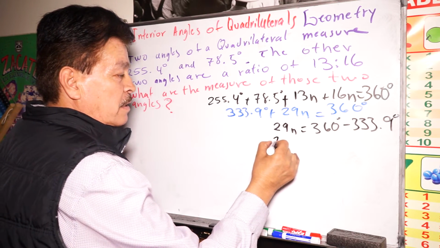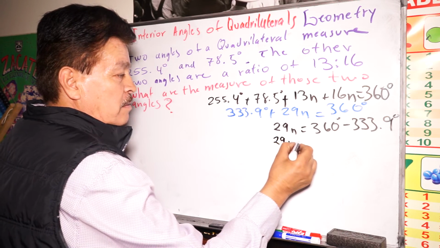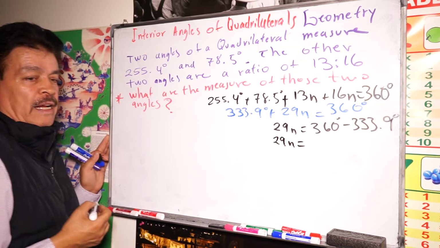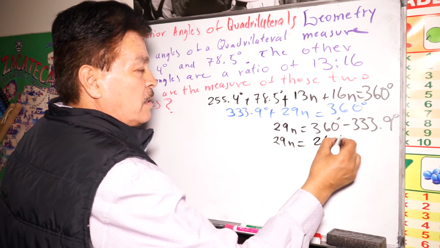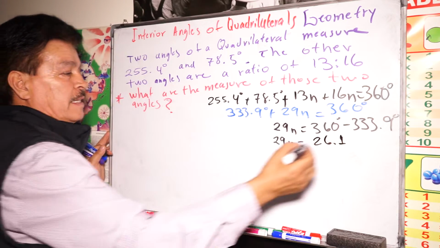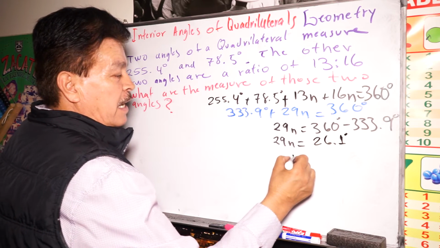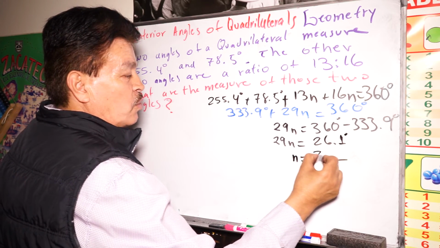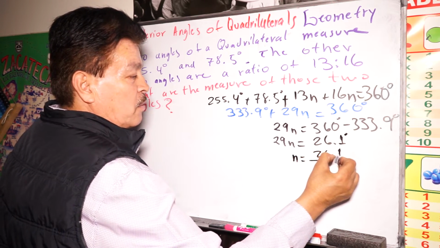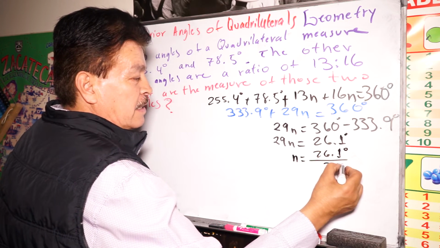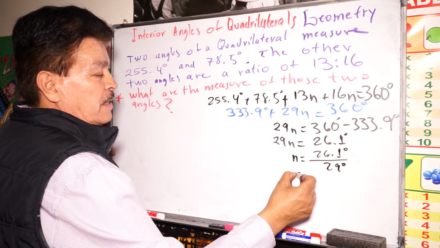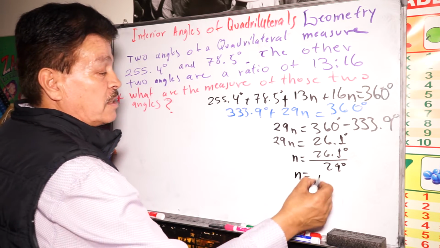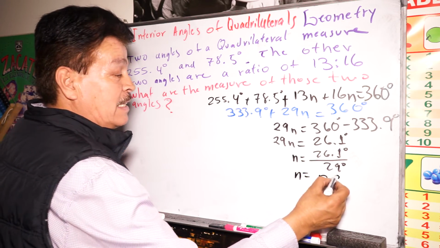So 29n equals, how much is this? 26.1 degrees. Now divide: n equals 26.1 degrees divided by 29, and the answer is n equals 0.9.